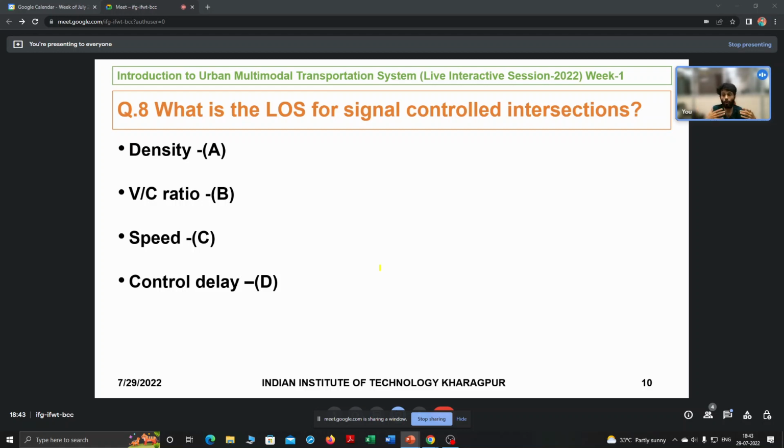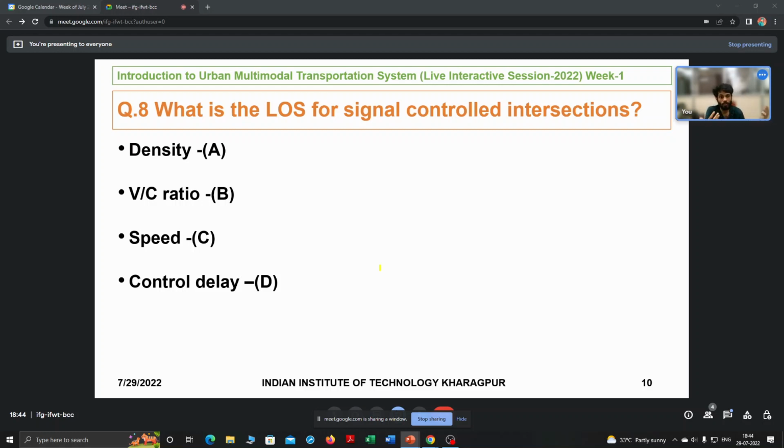But it is also not governing our LOS for a signalized intersection, because whoever is driving or sitting in the vehicle does not experience this V by C directly. It is not his perception, he is not able to experience it. So it is also not the LOS for a signalized intersection.